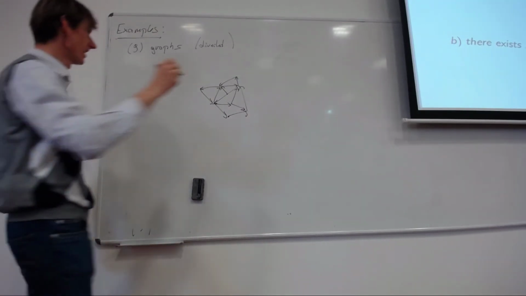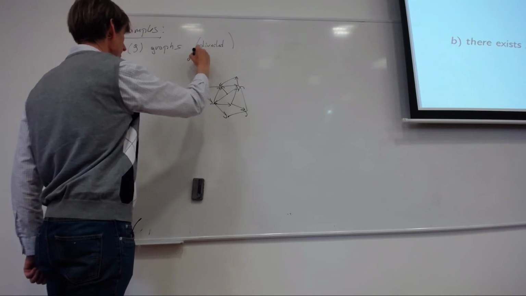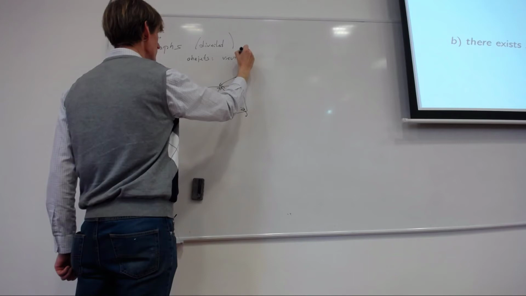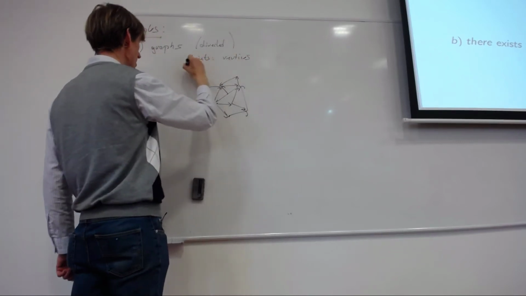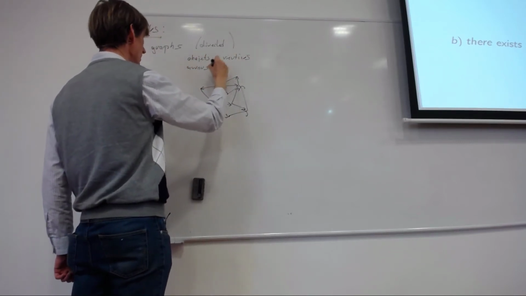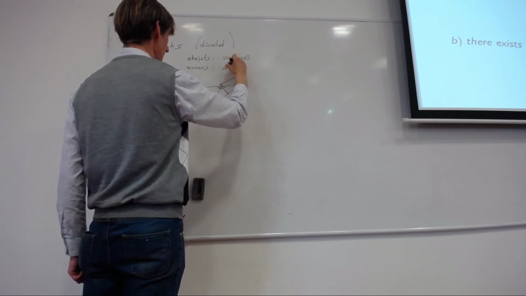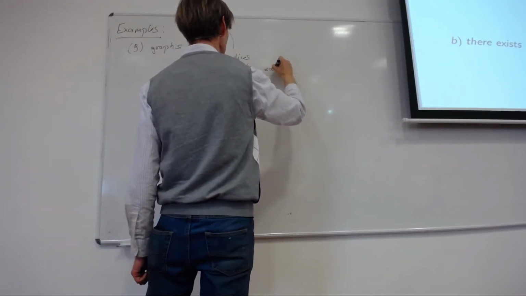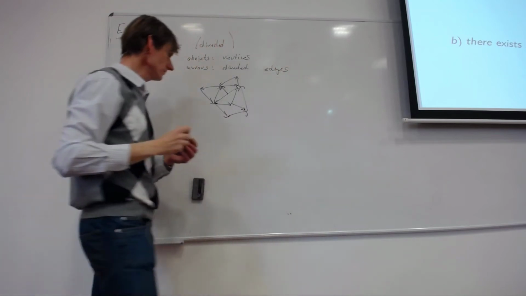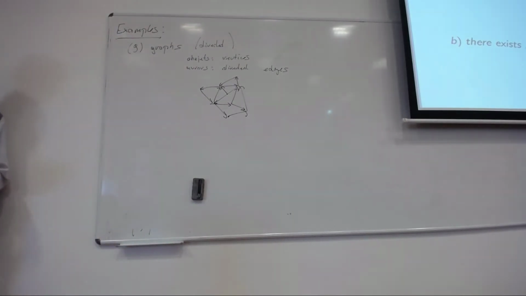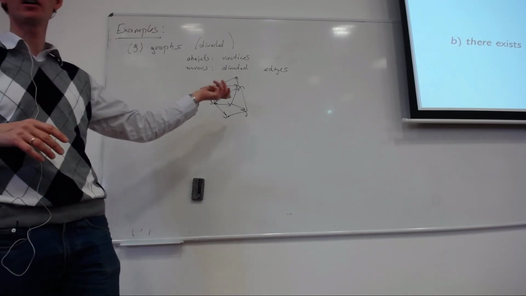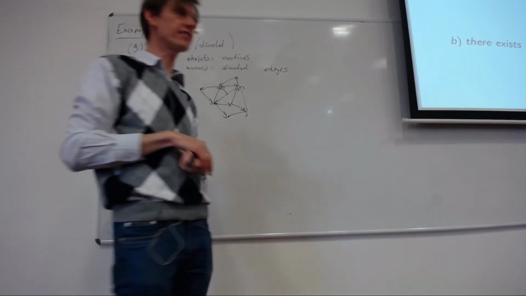So again, objects are vertices, and arrows are those directed edges. Again, it's almost obvious to see that this definition is satisfied.